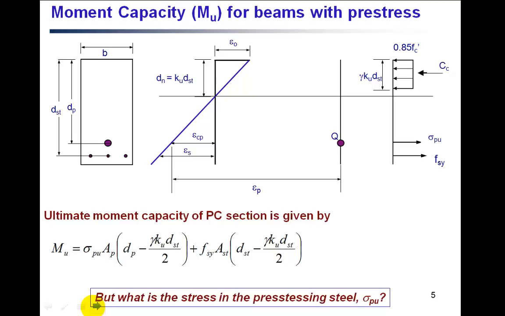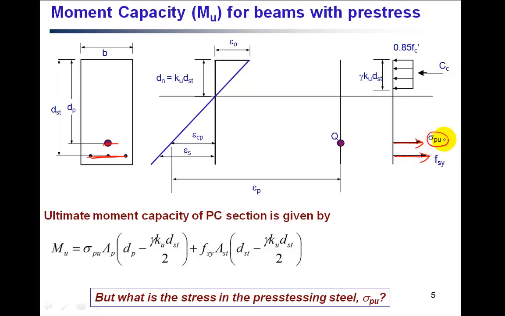Now if we draw this stress diagram, it is very much similar to the reinforced concrete beam. The only thing is that at the level of the reinforcing steel, we will have stress Fsy, assuming that this tensile reinforcement is yielding. And at the level of the prestressing wire, the stress is, say, sigma pu.